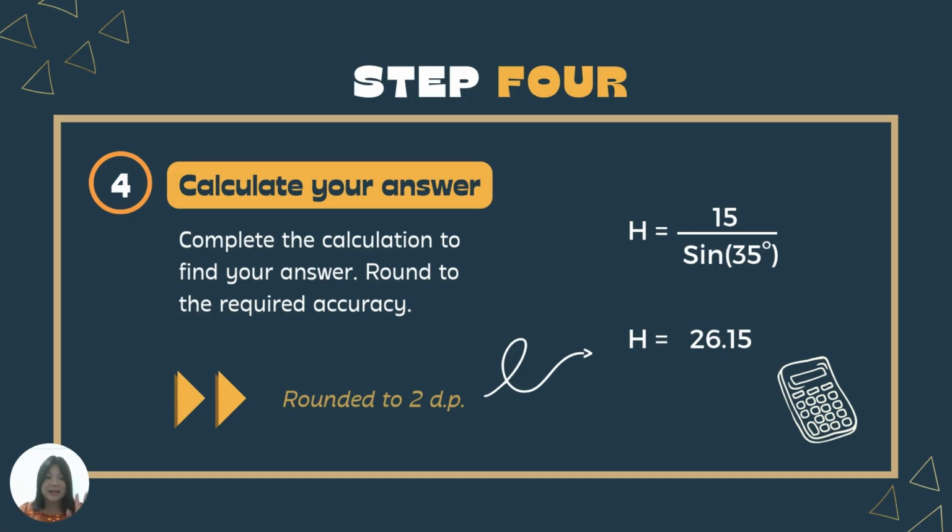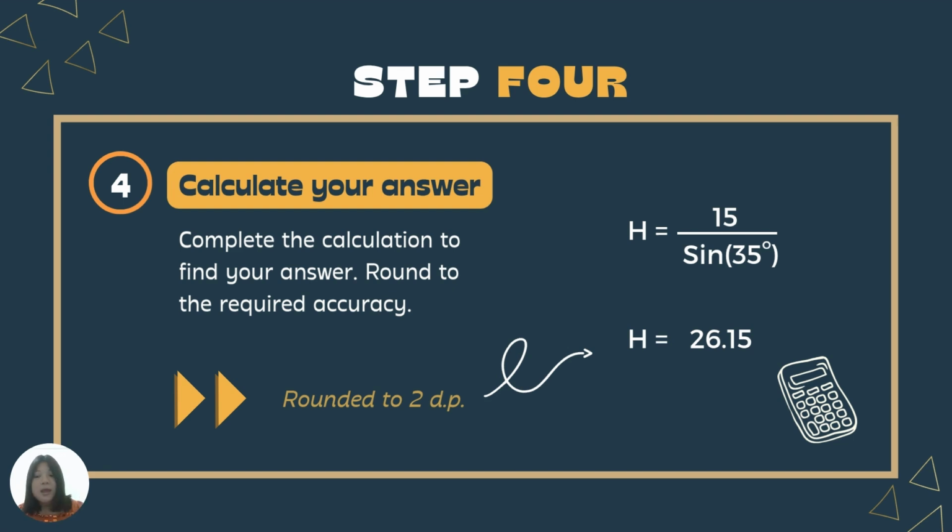Now, the last step. Complete the calculation to find our answer. We already have the formula. h equals 15 divided by sine 35 degrees. Using your calculator, sine 35 degrees is approximately 0.574.